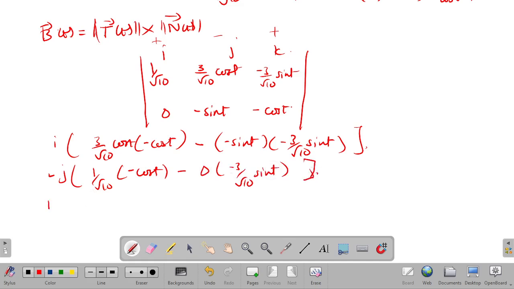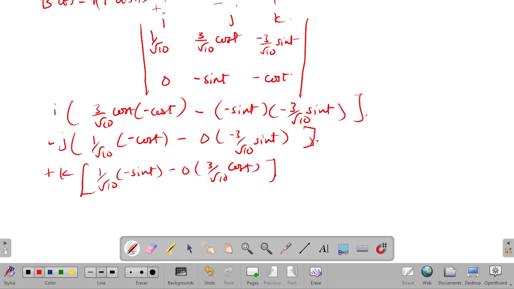Then finally plus k: 1 over root 10 multiplying negative sine t minus 0 times 3 over root 10. All the terms with zeros go.